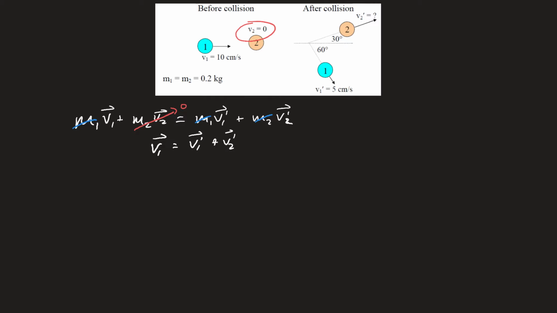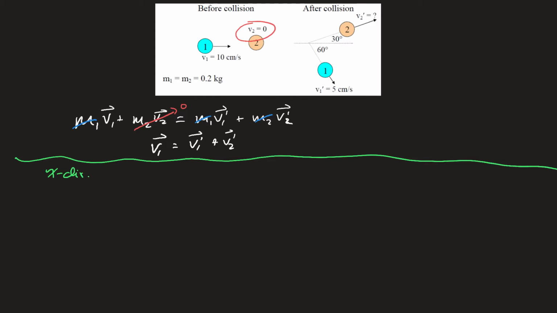Now, I only want to consider the x direction worth of momentum. So I'm going to rewrite this because we can also do this using the y direction. So in my x direction, I have some v1, which is 10 centimeters per second. So this is my x direction only.